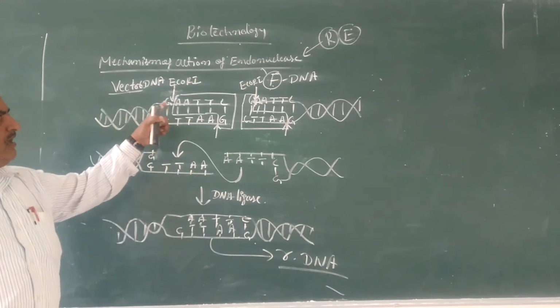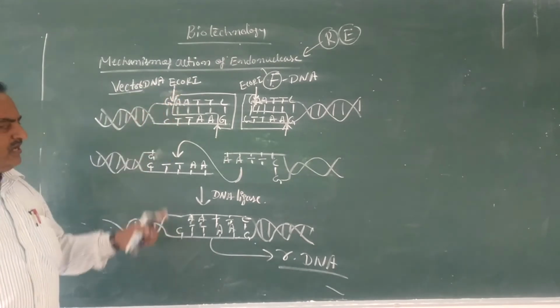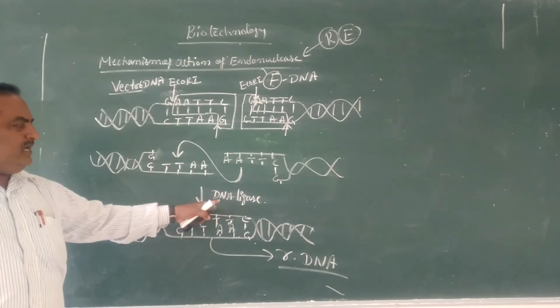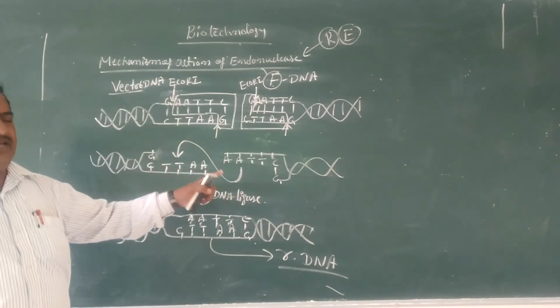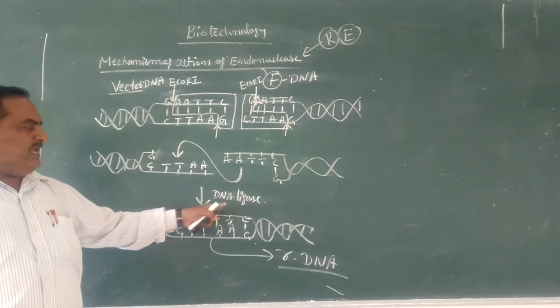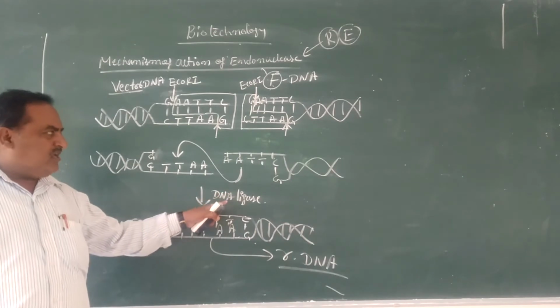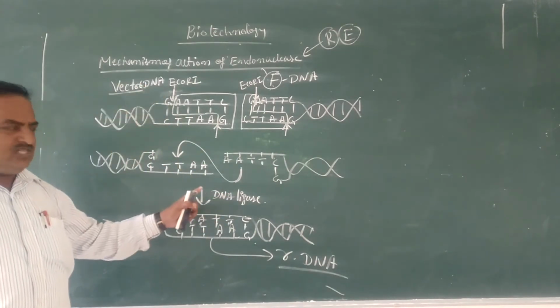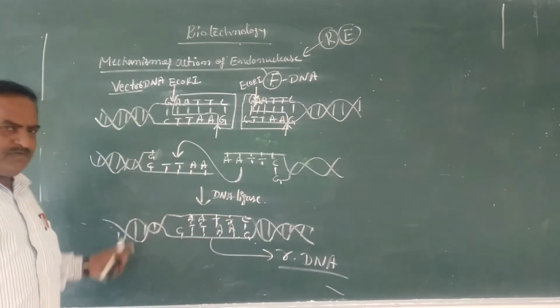Therefore, endonucleases are called molecular scissors. But DNA ligase joins two different strands of DNA. Therefore, DNA ligase is called a molecular stitcher. With the help of endonuclease and the molecular stitcher, DNA ligase, the new DNA is produced.